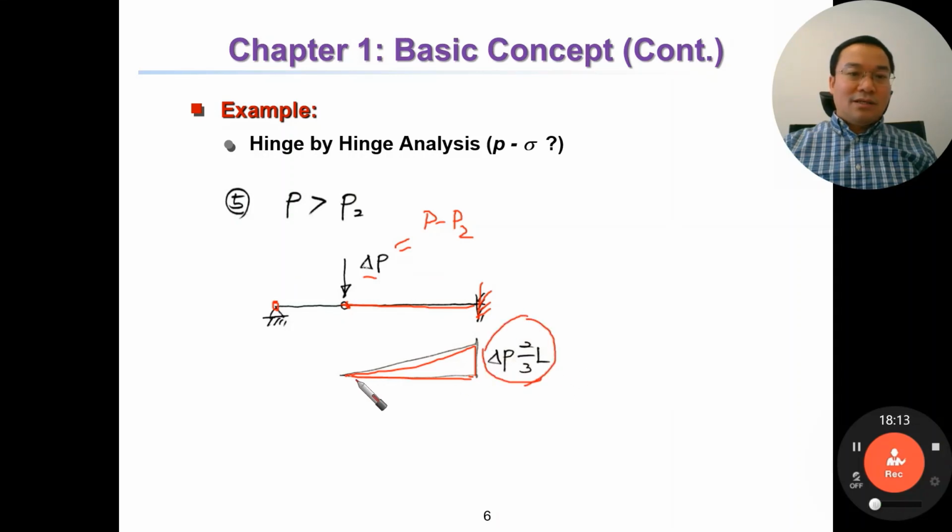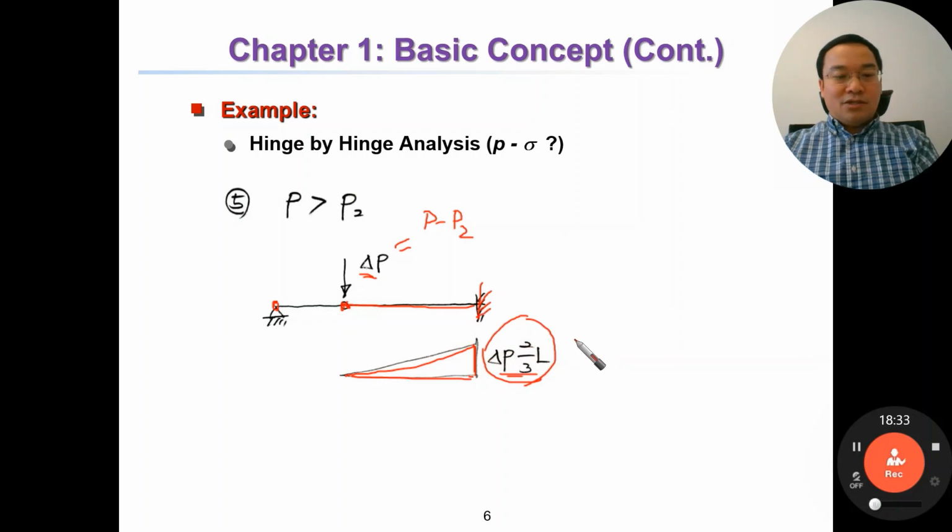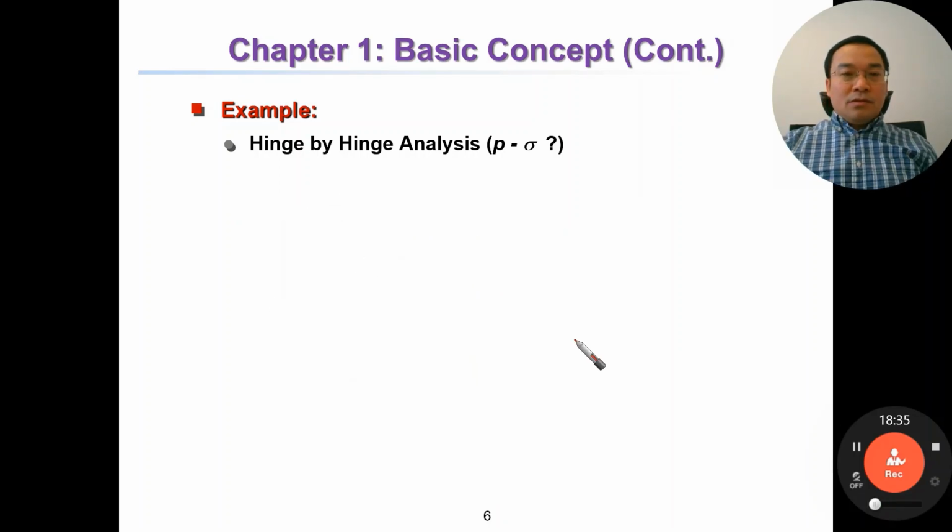It is a determinate system, so it is very easy to determine the moment here. Due to ΔP, the moment here is not increased anymore, and here also. So here is MP and MP, and just an increment of the moment at this section.